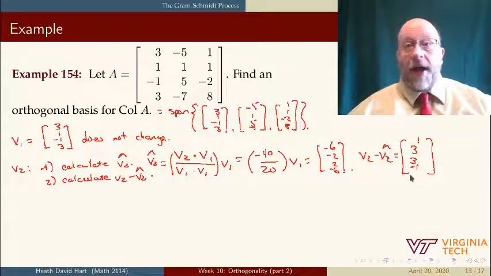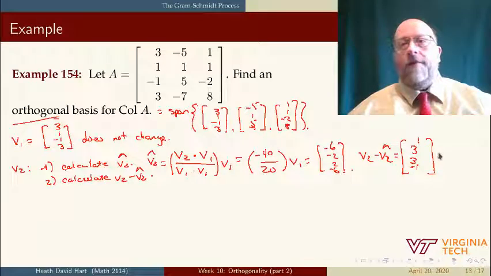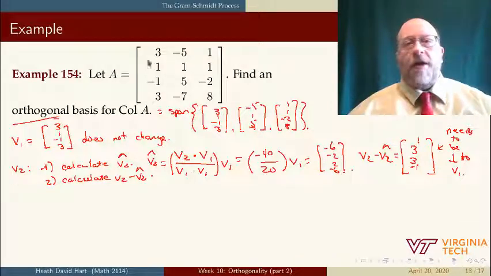We can check our work at this point. This vector should be orthogonal to v1. The goal is to form an orthogonal basis. And so this vector needs to be orthogonal to v1. But we can check that. 3 times 1 is 3. 1 times 3 is 3 again.